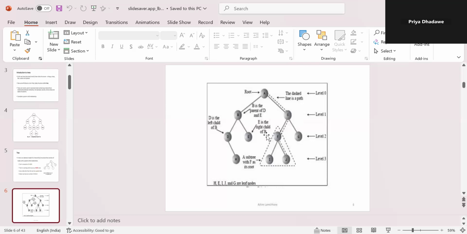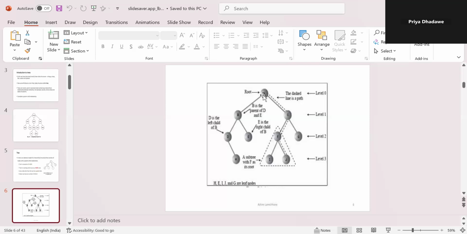Now over here you can see a node, parent and child relationship, which itself becomes a subtree of the existing tree. The edges that connect two nodes are called a path, or you can also call it an edge.